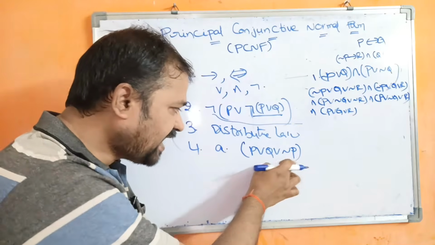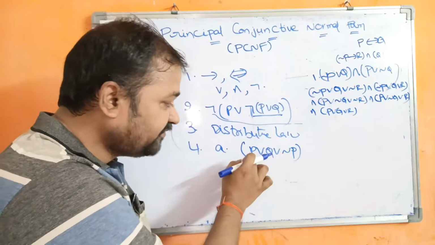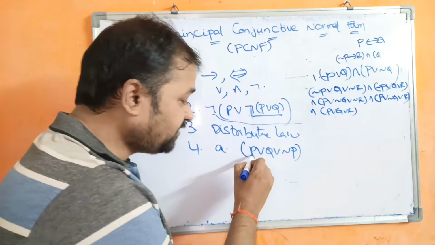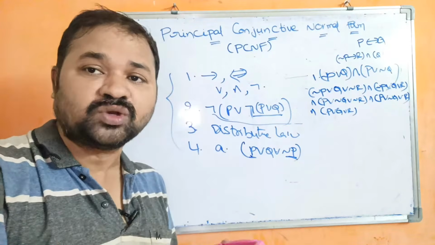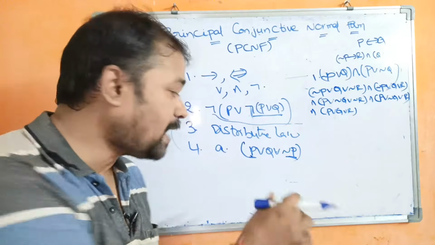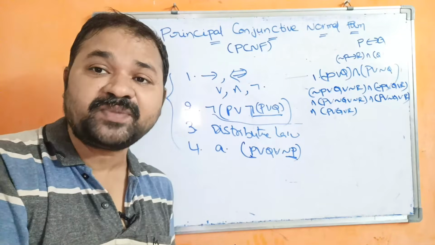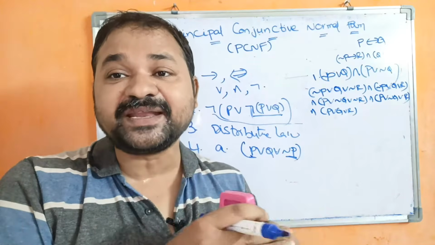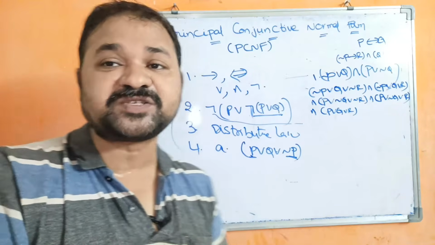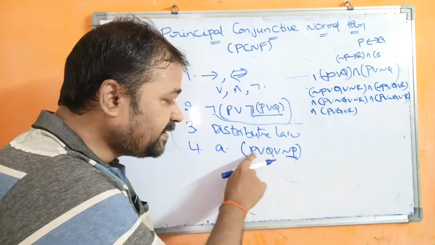If we have an elementary sum like this, which is producing a tautology. Here if we consider this one, P, negation P. So P or negation P means what? True. So that is a tautology. So we have to drop this term. So why are we dropping this term? Because max term means repetition of the variable, repetition of the proposition is not possible. But here this P is repeating one more time.